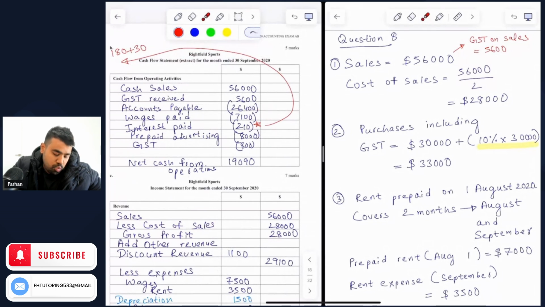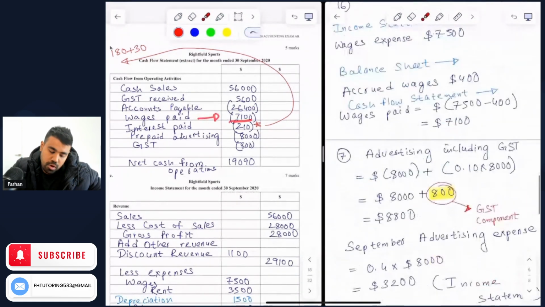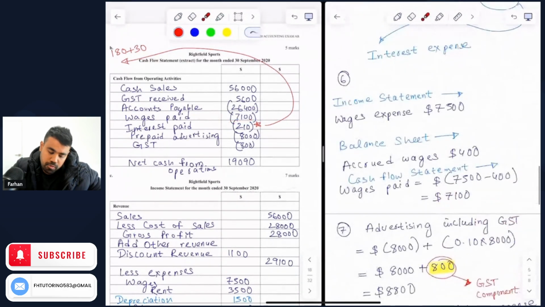Then we have paid wages of 7,100. So let me do a quick recall. If you remember, the total wages expense was 7,500. Accrued was 400, which refers to the wages owing. And the actual wages that we have paid in cash would therefore be 7,100, which is what we're including here. Interest paid is 210.